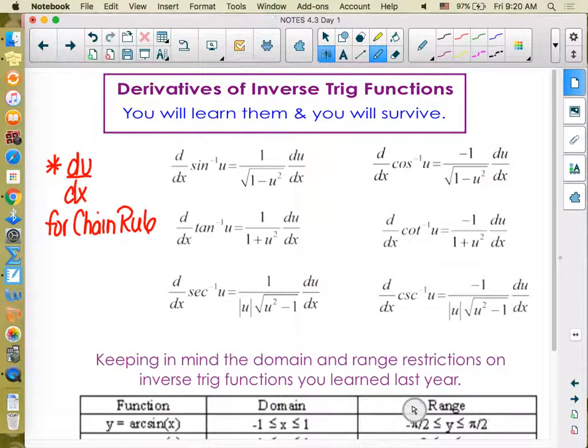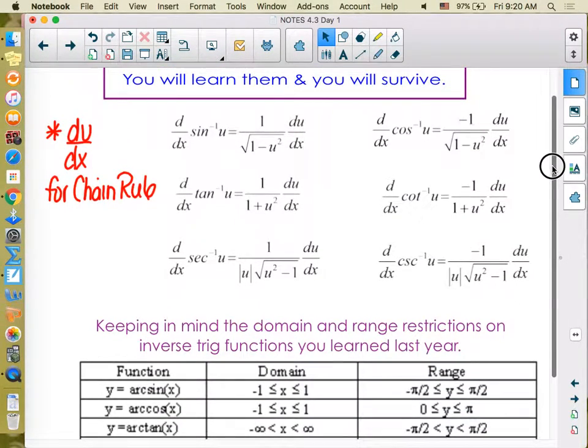Okay, there are some domain restrictions for your inverse trig functions. Let's just look at the first 3. These should come back to you from pre-cal. Inverse sine takes in values between -1 and 1, because it takes in sine values, and it gives out, range-wise, -pi/2 to +pi/2.